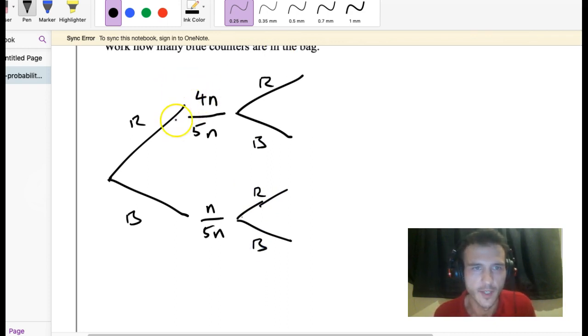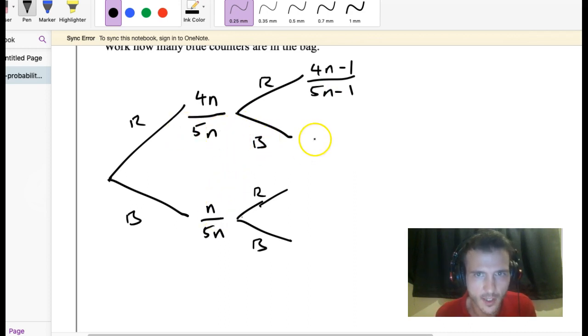If we've already picked a red and we pick another red, there's 1 less red, so we'll say 4n minus 1 over 5n minus 1. But if we pick a red and then a blue, this will be the first blue, so there's still n blues left, so it's n over 5n minus 1.